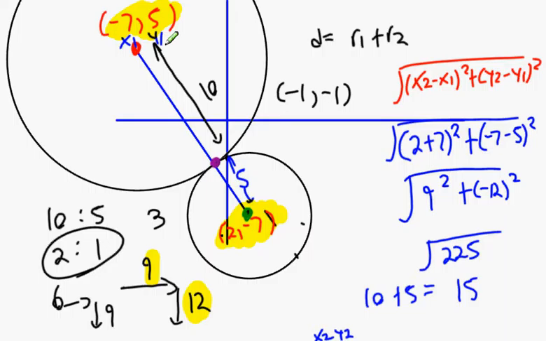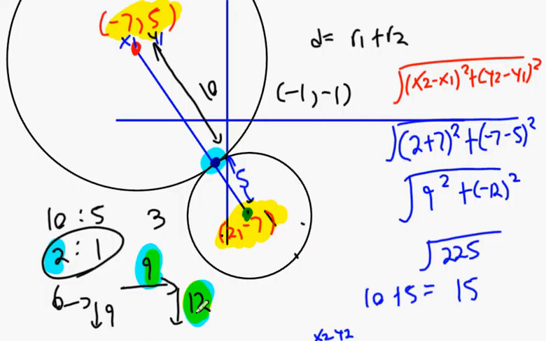This means to go from the red point to the green point is the full length, and because it's a ratio of 2 to 1, the purple point is 2/3 of the distance. It's 2 away from the red point for every 1 it's away from the green point. So you multiply the entire distance by 2/3, which means you multiply the 9 by 2/3 and the 12 by 2/3, and then you add it on to where you started from. So you divide by 3 and multiply by 2 on both of them.